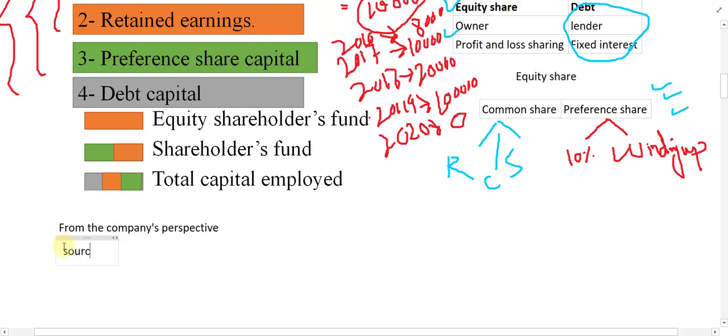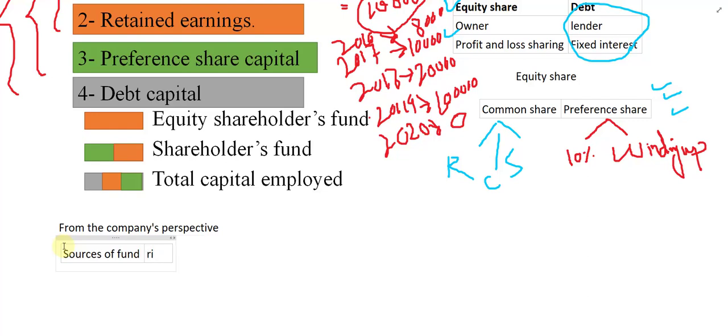One column for source of fund, the second column for cost, and the next column for risk. Or first make a column for risk, and then for cost, right?